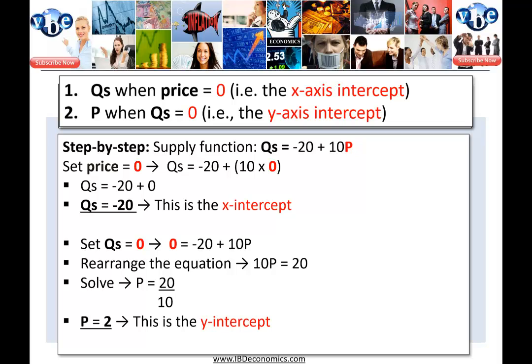So when we plot this supply curve on the price axis, it'll be $2 where the supply curve meets the price axis. And on the quantity supplied axis, it will be minus 20. So we're plotting the x-axis at minus 20 and 0, and the y-axis at 0 and 2.